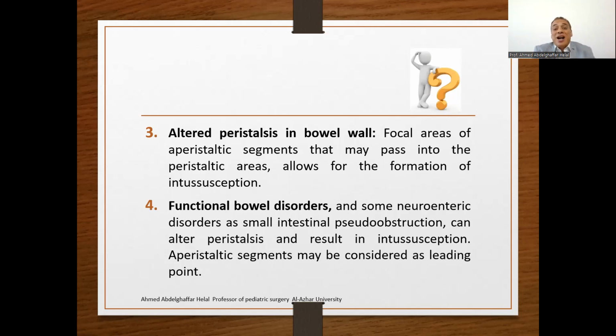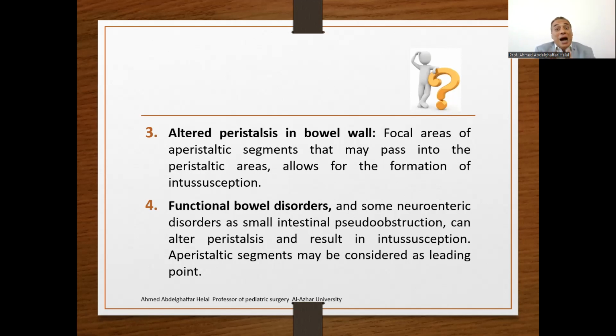Also, some functional bowel disorders and some poorly understood neuroenteric disorders, like what's called small intestinal pseudo-obstruction, can alter the peristalsis and result in intussusception in the same manner, like aperistaltic segment and peristaltic segment. So this aperistaltic segment may form the leading or starting point of intussusception.